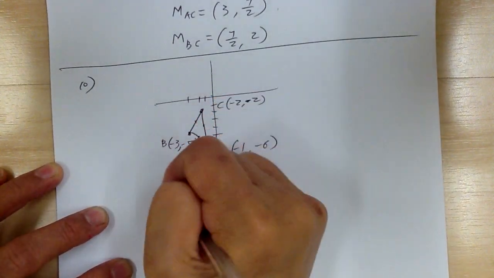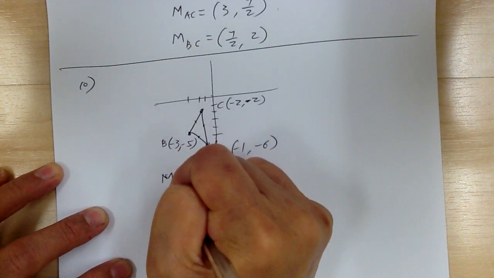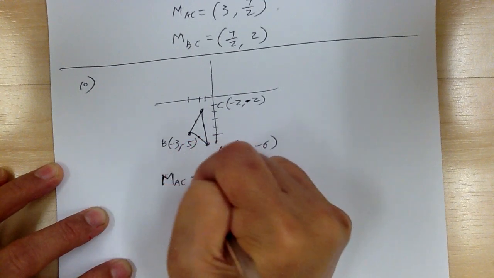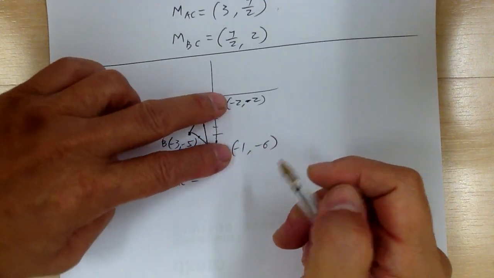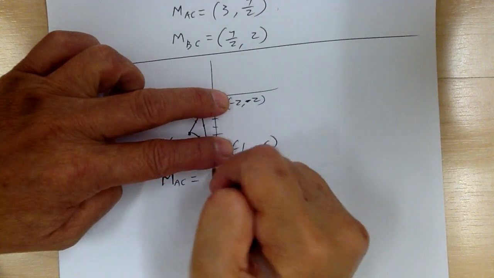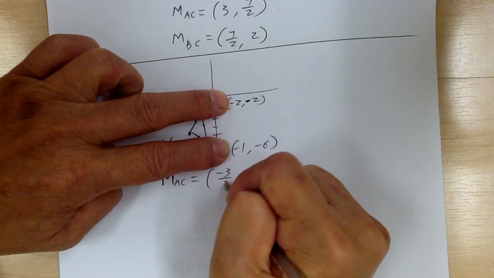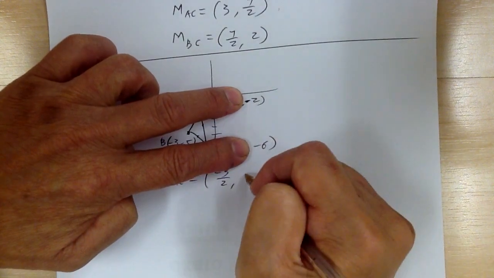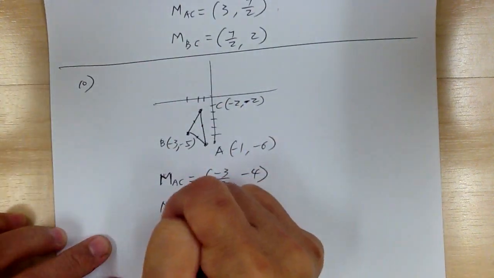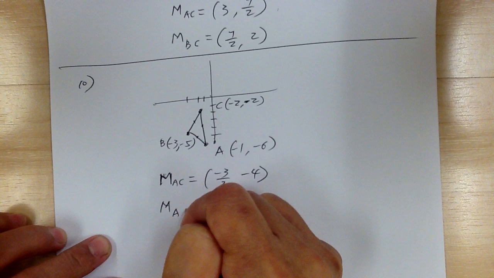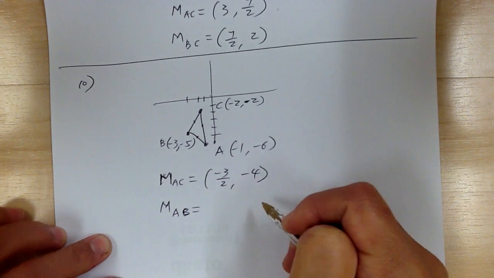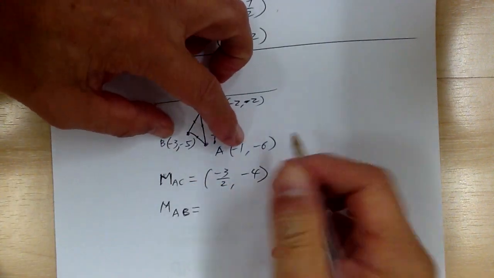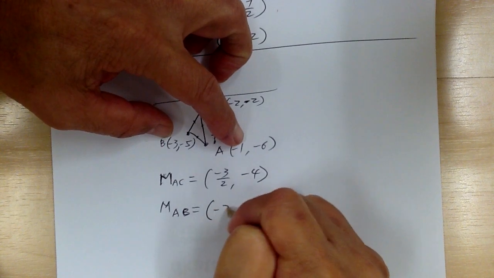Okay. So the midpoint of AC, you just average the 2. So you add, you get -3, divide by 2, you get -3 over 2. This one you add, you get -8, divide by 2, you get -4. So the midpoint of AB, again you add, you get -4 divided by 2, you get -2.